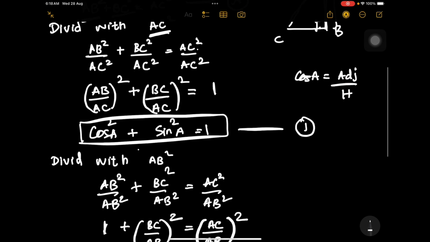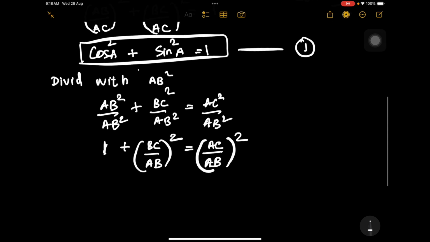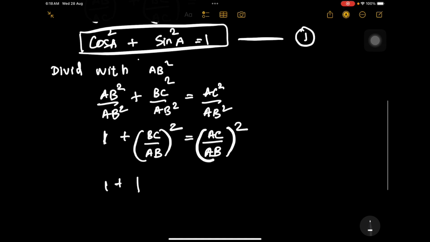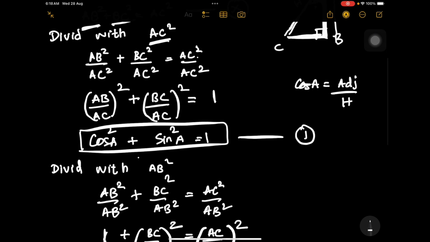So what is BC over AB? BC over AB is going to be tan A. So 1 plus tan squared A is equal to (AC over AB) squared. For acute angle A, AC over AB is the hypotenuse over adjacent.